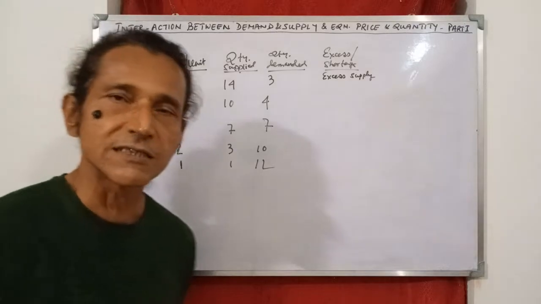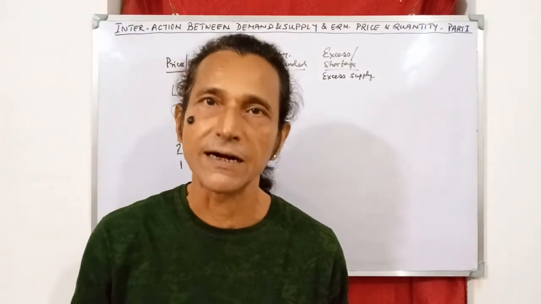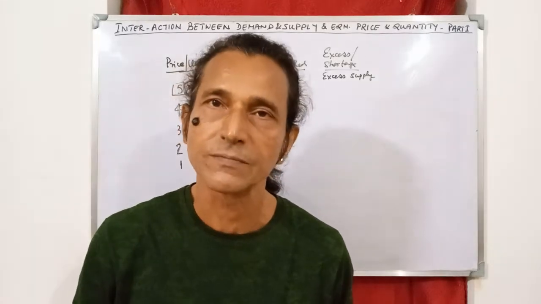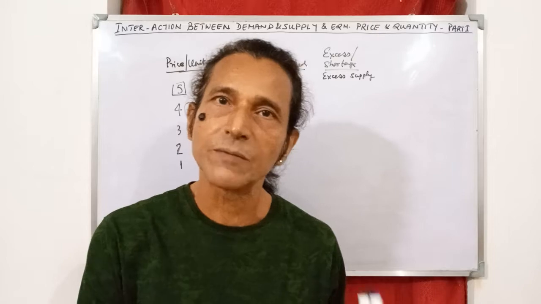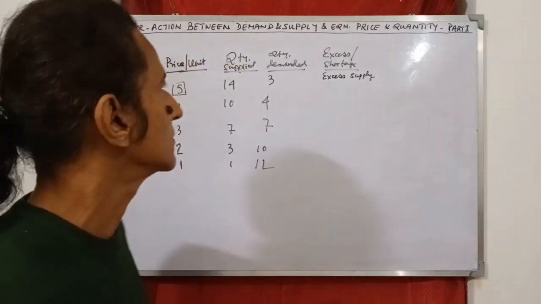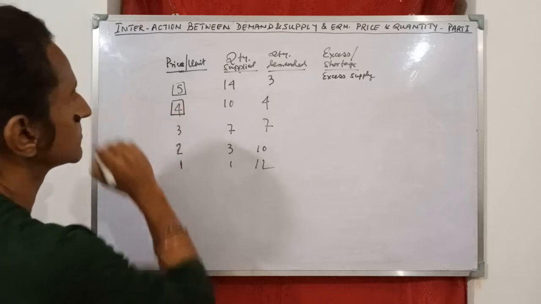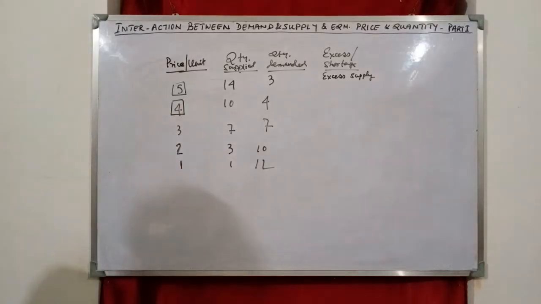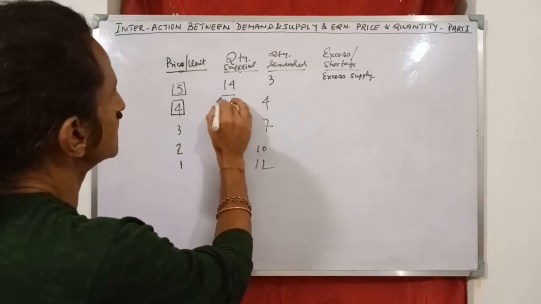So when there is excess supply, there will be competition among the sellers, that is the producers. And that competition among the producers will push the price down. So let price become 4. And quantity supplied becomes 10.